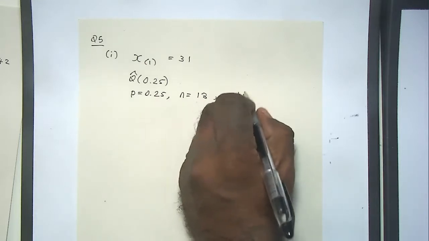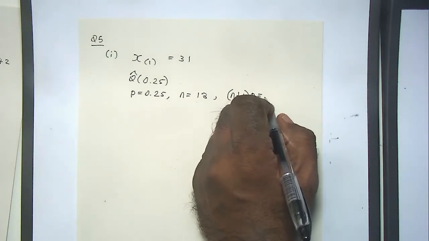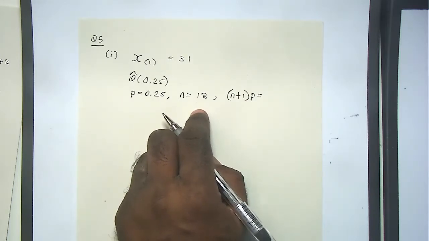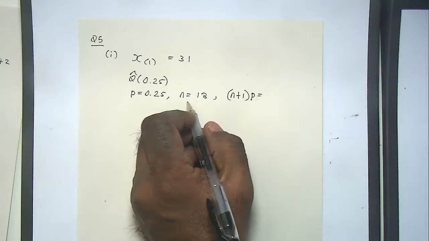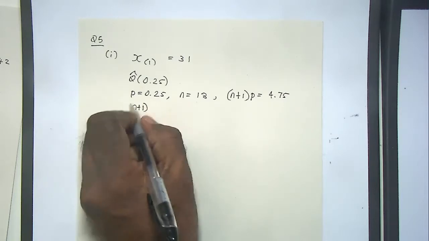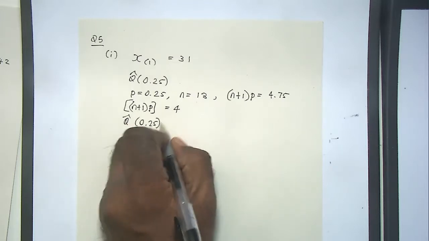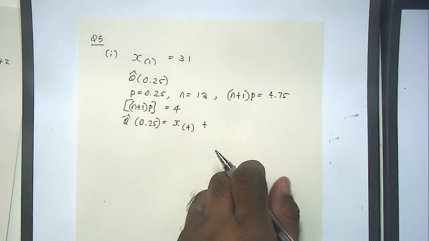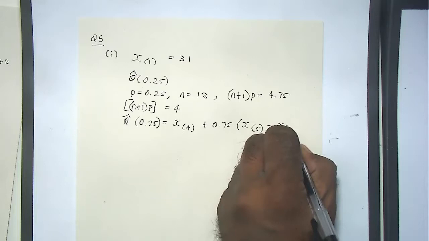So (n+1) times p is 19 divided by 4, which is 4.75, and the integer part of it is 4.